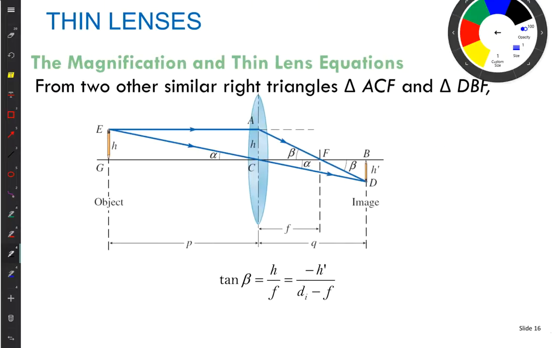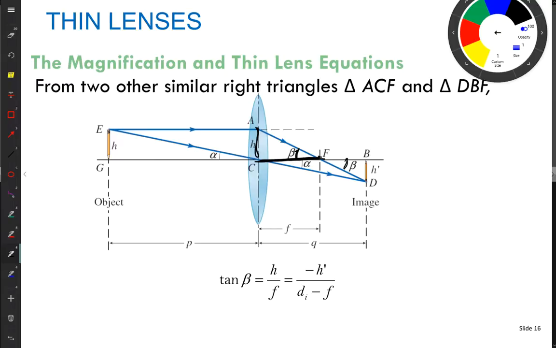The other relationship comes from looking at the angle again, but a different angle, looking at this angle here and this angle here, which are labeled as beta. This here is 1 focal length away, and this is the height of the object.